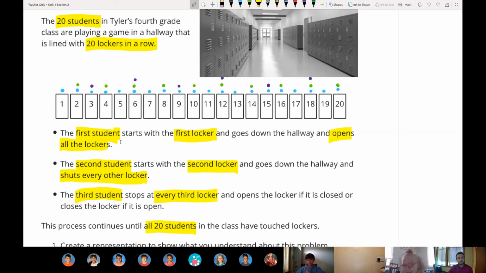Can someone help me mark all the lockers that the 4th student would touch? I'm just going to mute my mic. Someone help me with the 4th student. Giovanni?